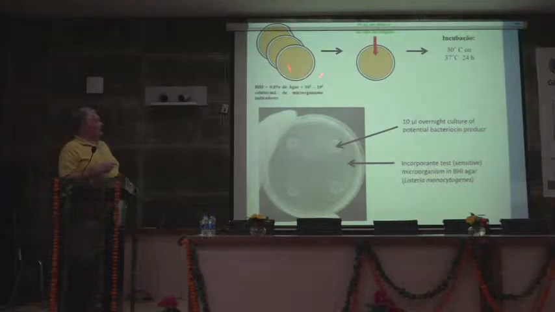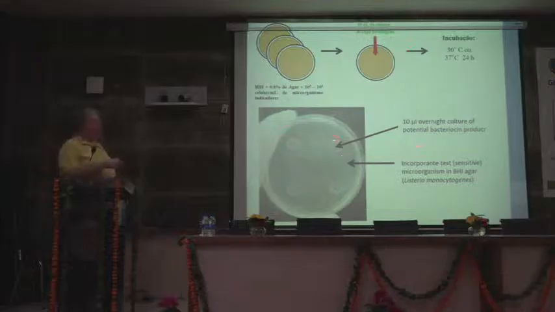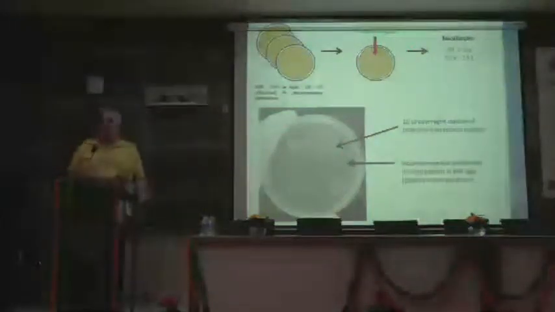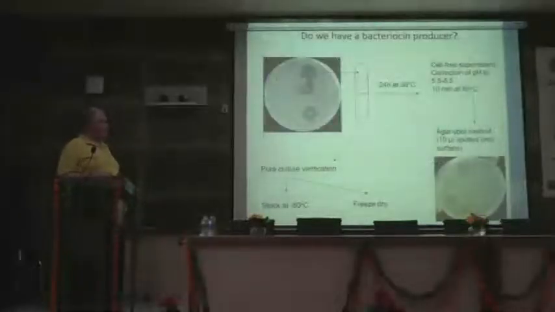You make agar with the test organisms, and you spot just a small amount, could be 10 microliters, could be just one touch with the loop of the pure culture that you want to test. You incubate and you observe. If you have something like that, the culture spot with the inhibition zone, there is a chance. But this is only in case you already have a pure culture.